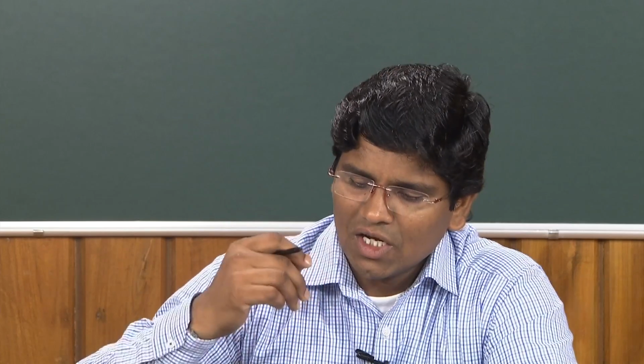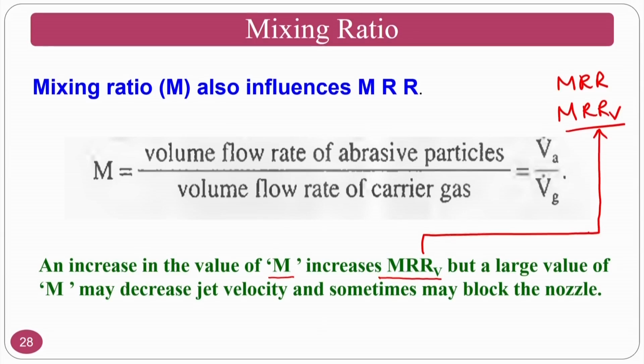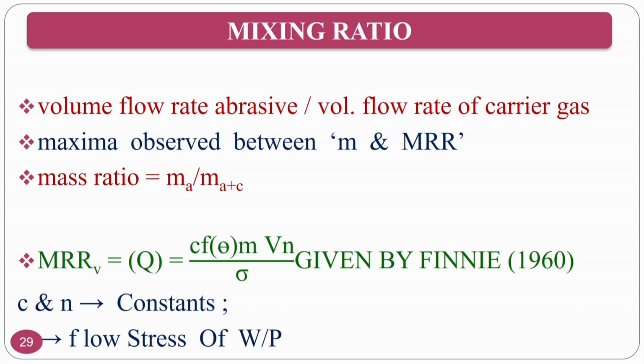So if more abrasive particles are there, it will be a disadvantage. Always, as a manufacturing engineer, you should think about the optimum mixing ratio so that you can get your required function, whether it is machining, cleaning, peening or something else. So the volumetric flow rate of abrasive to the volumetric flow rate of carrier gas is nothing but the mixing ratio.